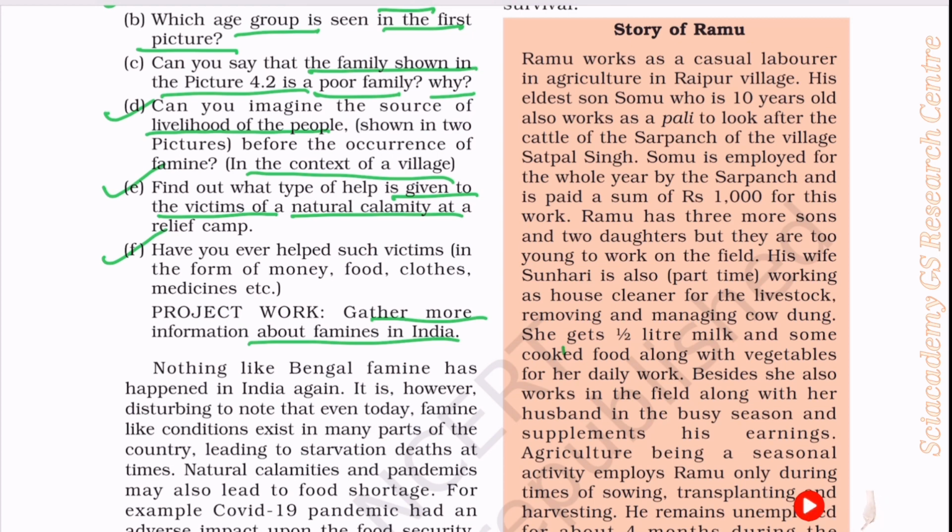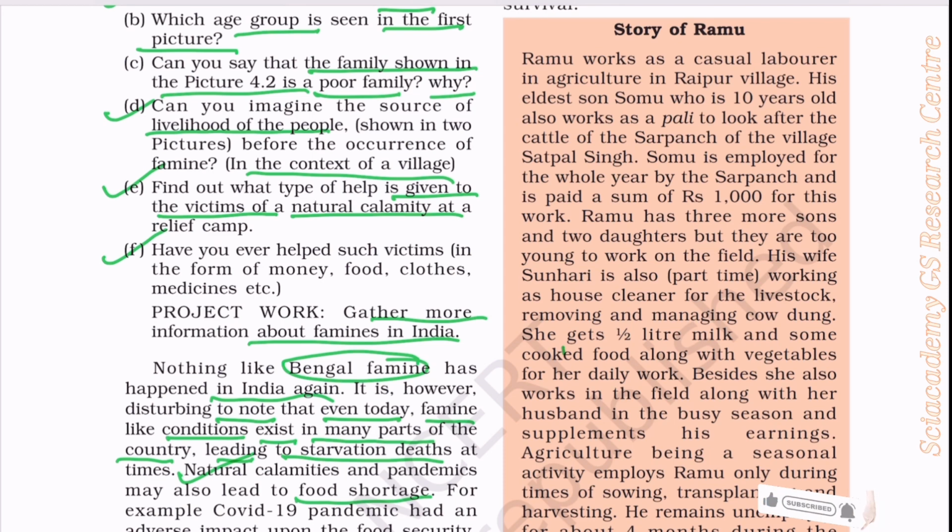Nothing like the Bengal famine has happened in India again. It is, however, disturbing to note that even today famine-like conditions exist in many parts of the country, leading to starvation and deaths at times. Natural calamities and pandemics may also lead to food shortage.